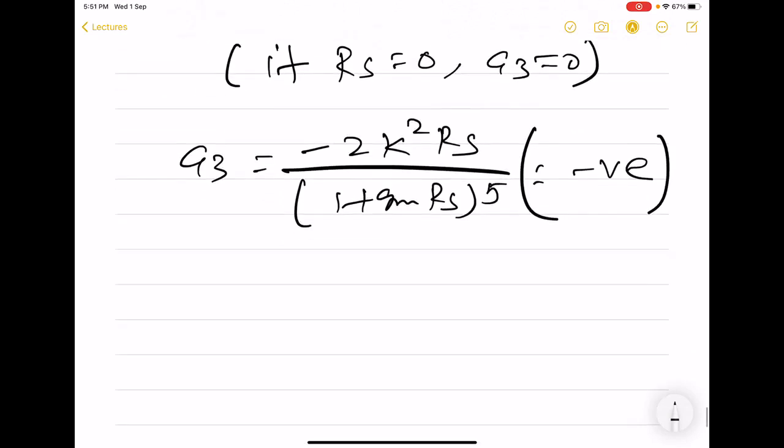So we saw that for gain compression and other things, A1 and A3 are of opposite sign.